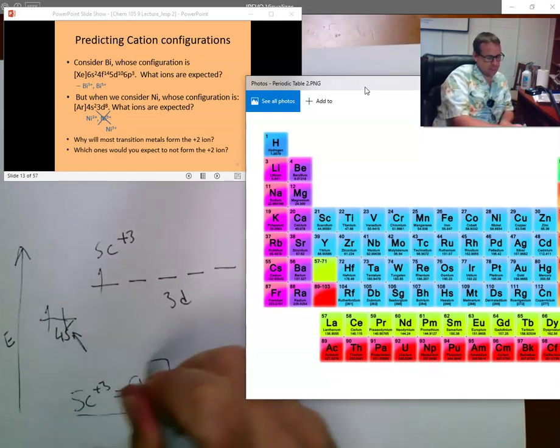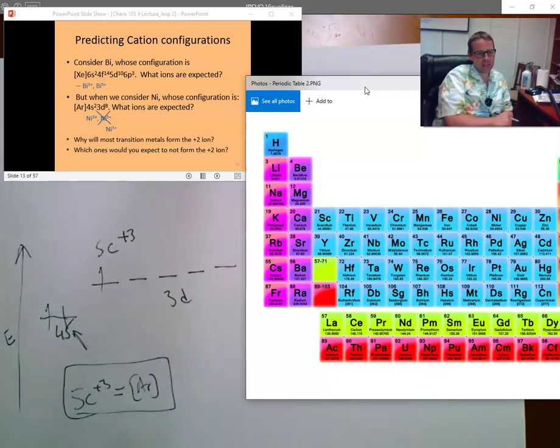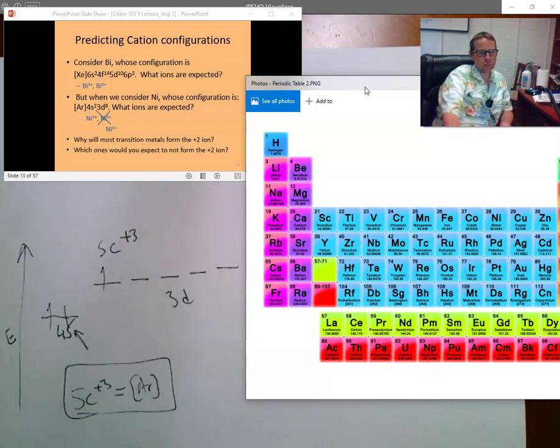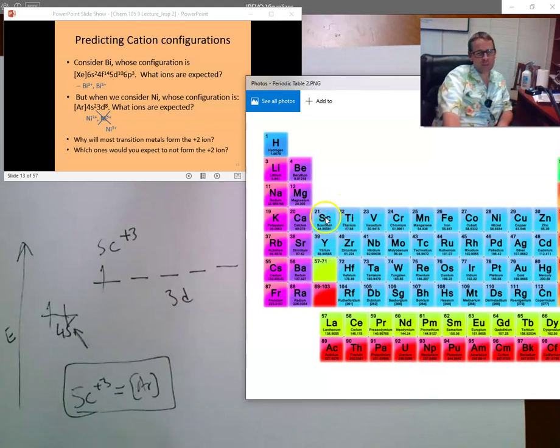So you find a lot of stability if you are exactly like a noble gas electron configuration. So what that shows us is scandium and yttrium, they'll only form +3 charges. Actually, there are very few scenarios where there are differences, but that's what you generally see with scandium and yttrium.